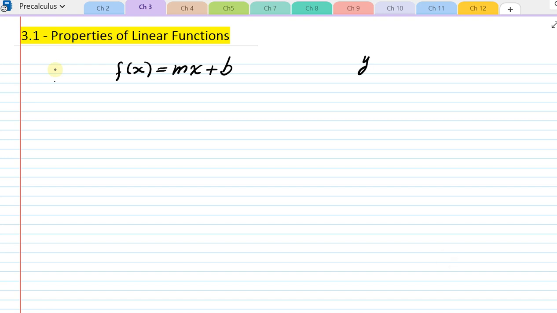Remember from your elementary algebra, y equal mx plus b was the equation of a line, correct? Where m is the slope and b is the y component of the y-intercept.